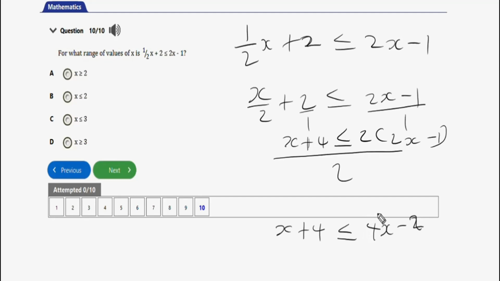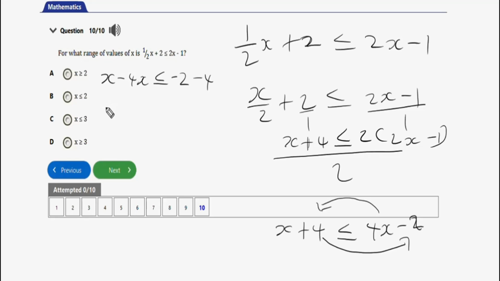Okay, so this 4x will come to this side and this 4 will go to this side. So when you do this, you're going to have x, 4x crossing over, minus 4x is less than or equal to minus 2 minus 4, if 4 is crossing over.